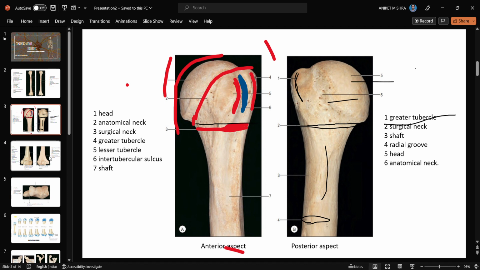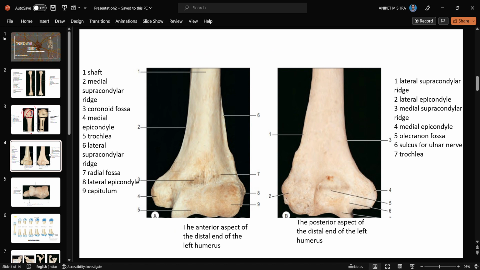These are the major structures present on the head of the humerus. When we talk about the muscle attachments, let's first complete all the landmarks present on it. Then we will talk about that.